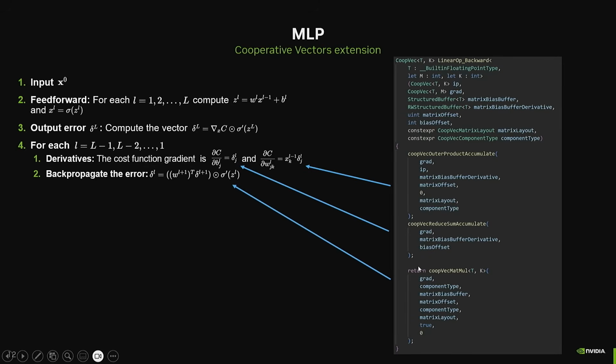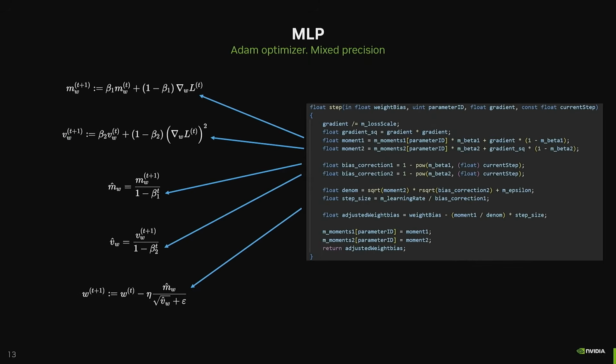And at the end we have functions that implement the matrix multiplication to produce errors for the next step. For the input, additionally, for the linear operation backward function, we have a read-write structured buffer where we put all calculated values of this gradient of the loss function.